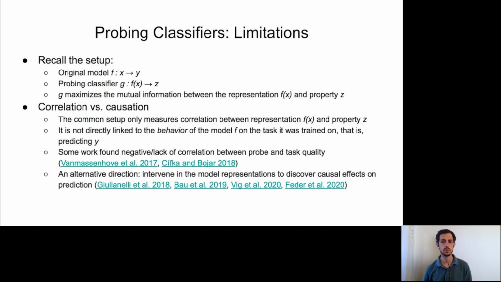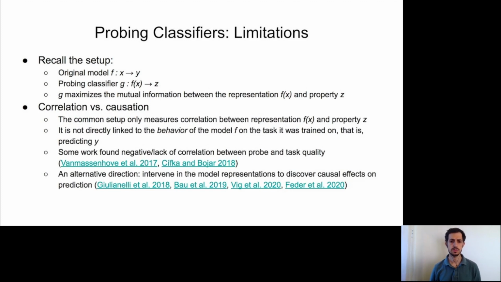It's a kind of correlation between the two. So in other words, this measurement is not directly linked to the behavior of the model F on the task it was actually trained on, meaning it is not directly linked to how the model behaves on predicting Y. In fact, we completely forgot about Y in the process.